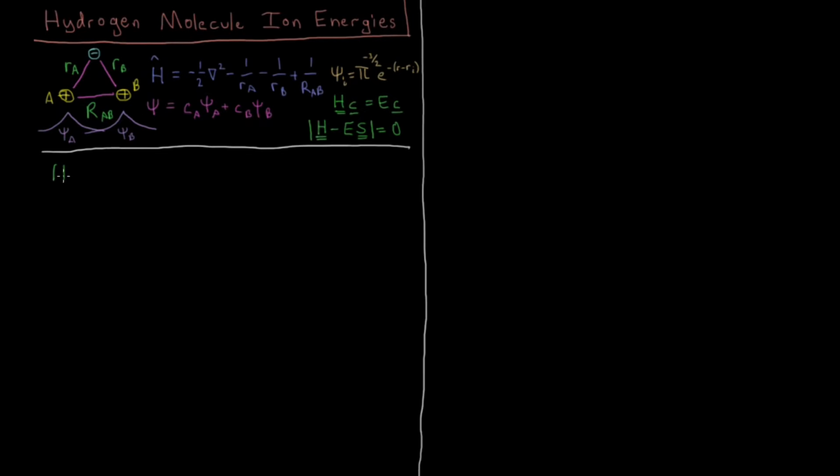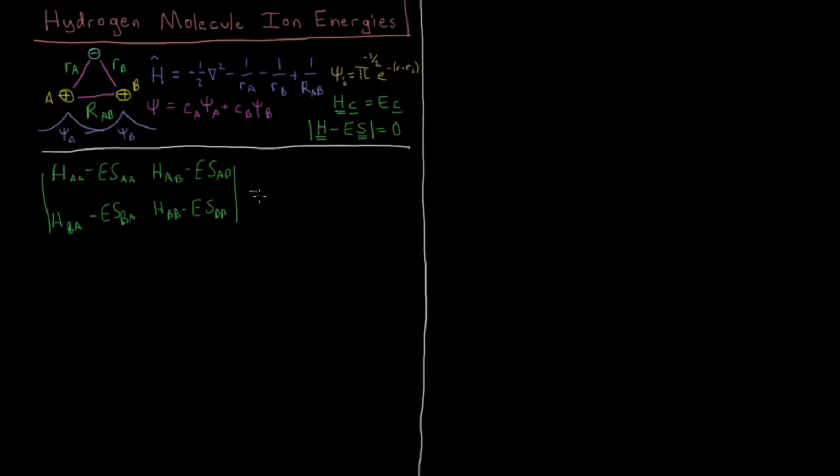So for our specific case, we have HAA minus ESAA for the first element of this H minus ES determinant. Then we have HAB minus E overlap of A and B. Then we have in the second row HBA minus ESBA, HBB minus ESBB.